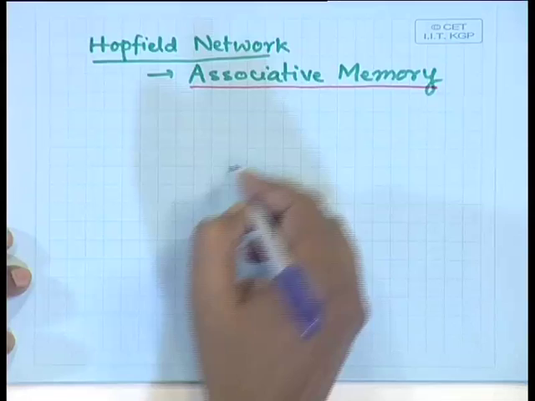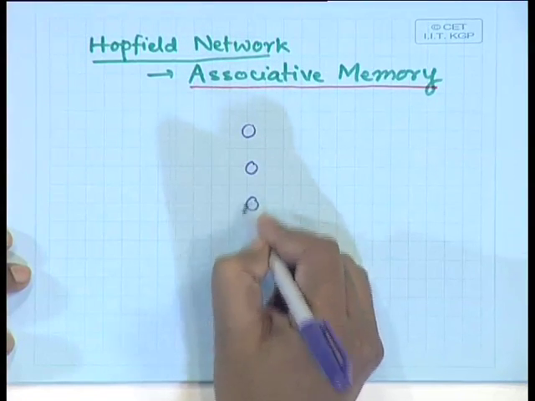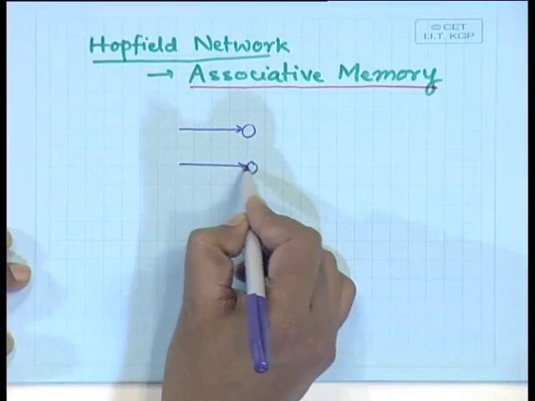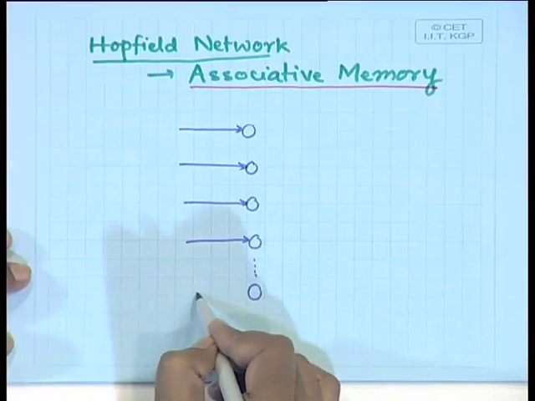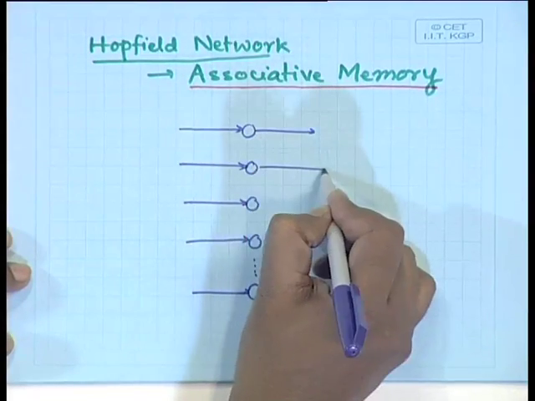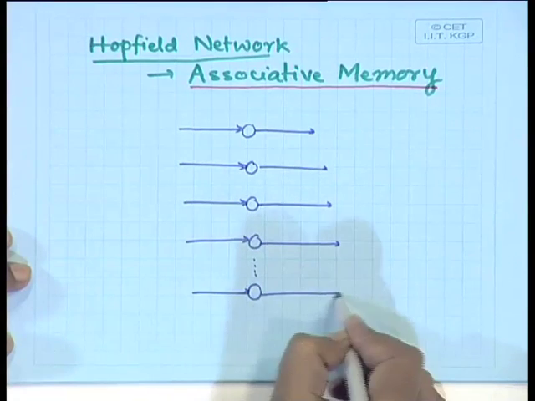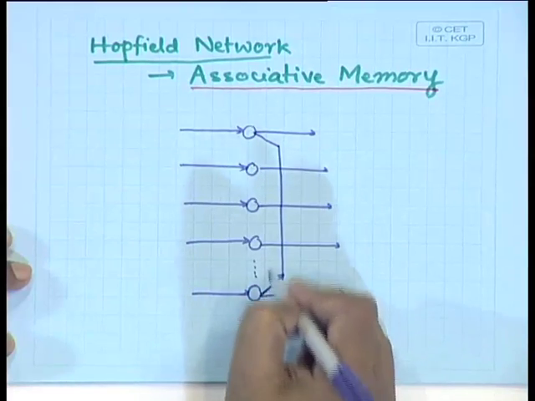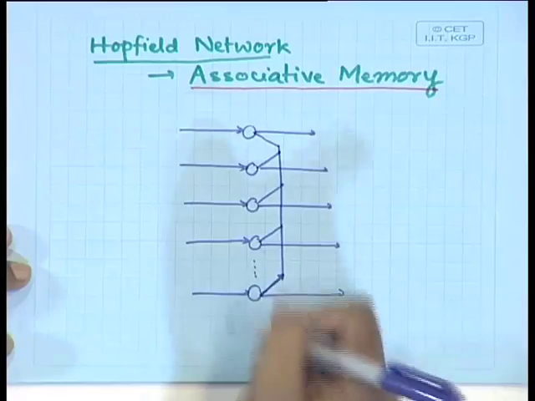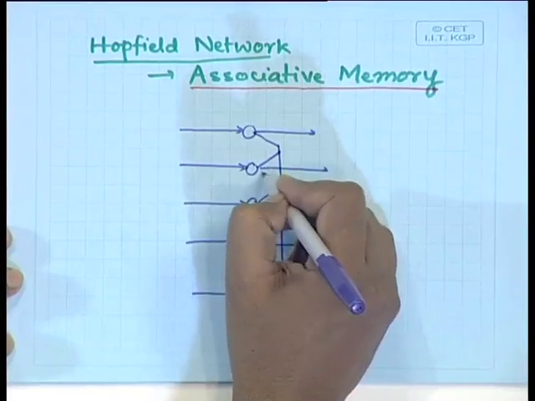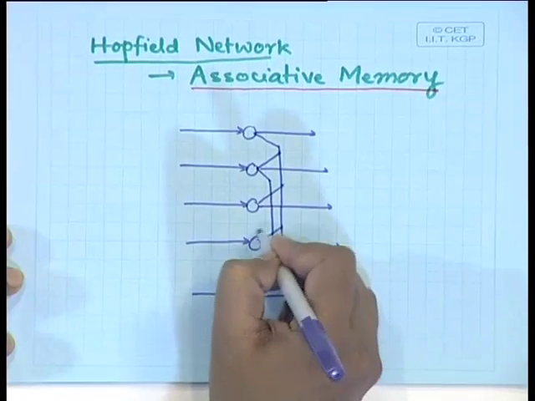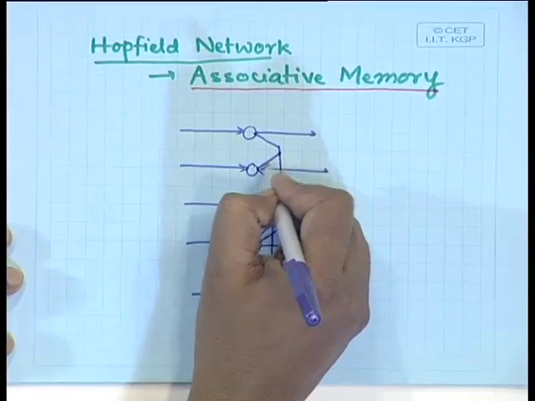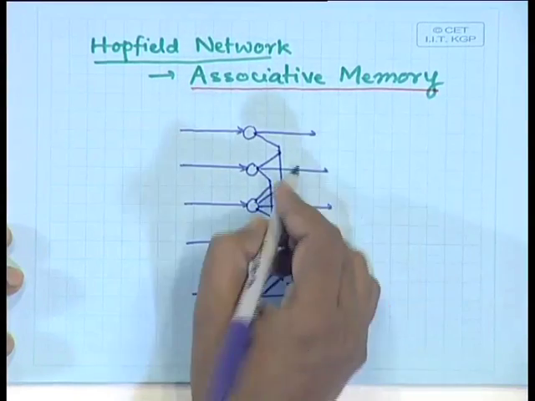So, it is something like this. If I have n number of nodes, every node obviously has an input, which is a binary pattern, and they have outputs. The output of every node is connected to the input of every other node, and this connection is bidirectional. That means information flows in both directions. Sorry, this goes to the input side, not from the output side. This connection will go to the input side.